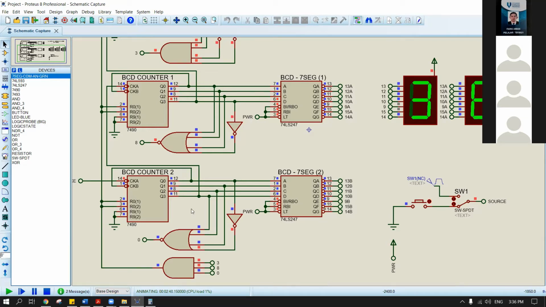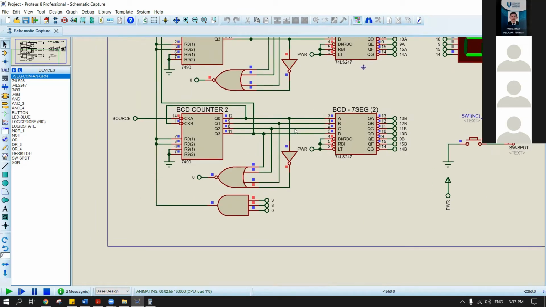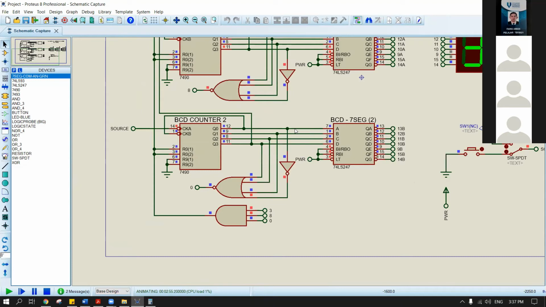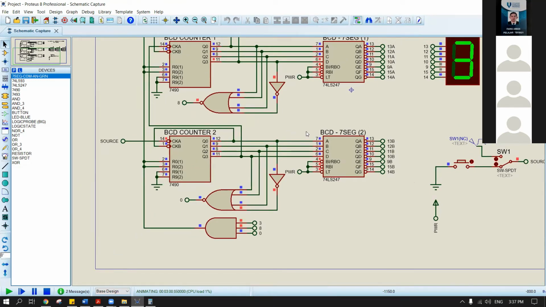So for the last IC, can I ask if you guys understand what our BCD is for the last 7 segment, 0? Based on the low, it is 0 0 0, right?